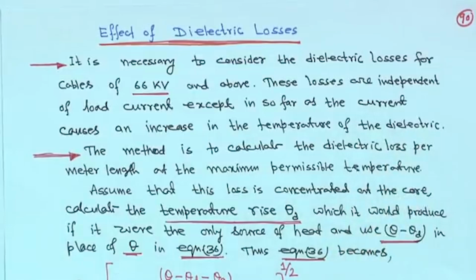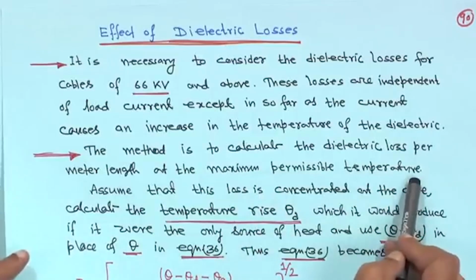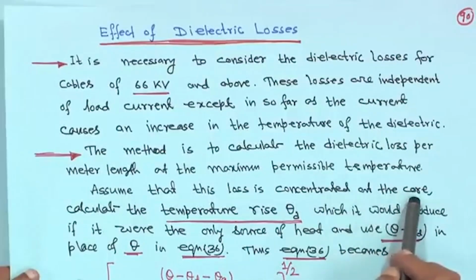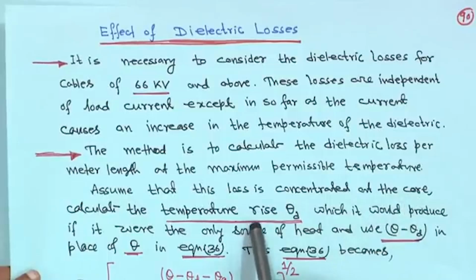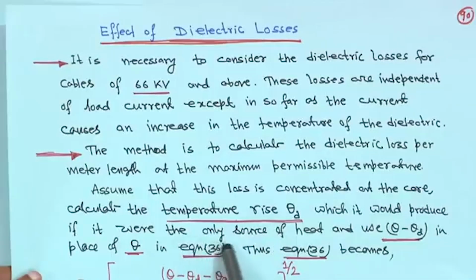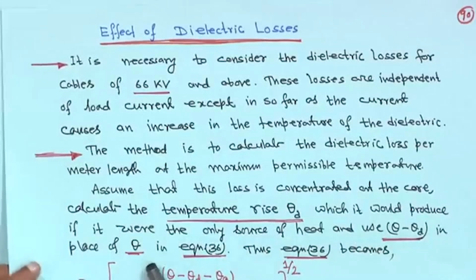So the method is to calculate dielectric loss per meter length at the maximum permissible temperature. Now you assume that this loss is concentrated at the core. Calculate the temperature rise theta d which it would produce if it were the only source of heat, and use theta minus theta d in place of theta.